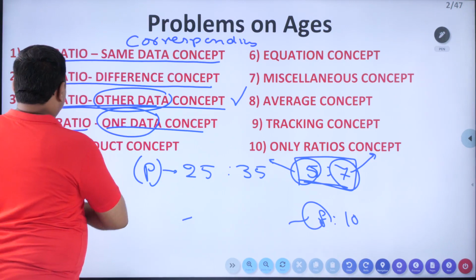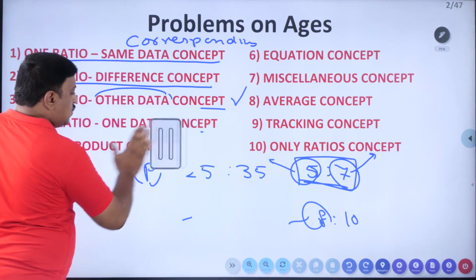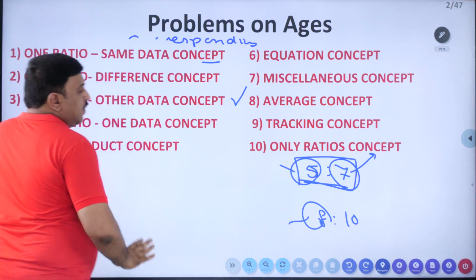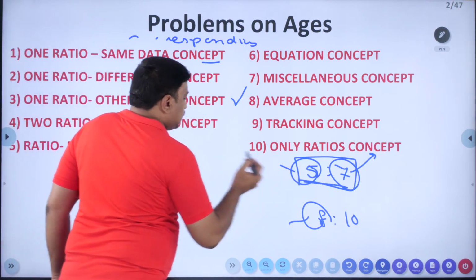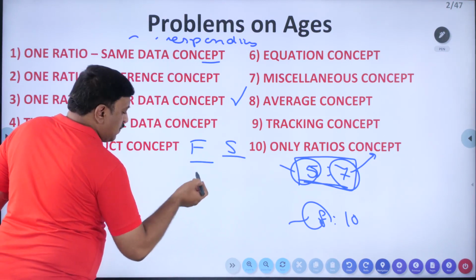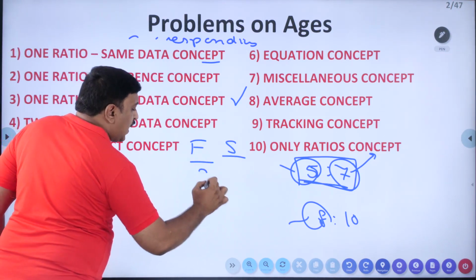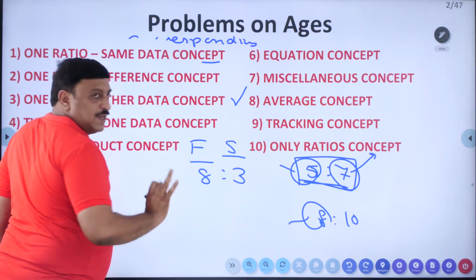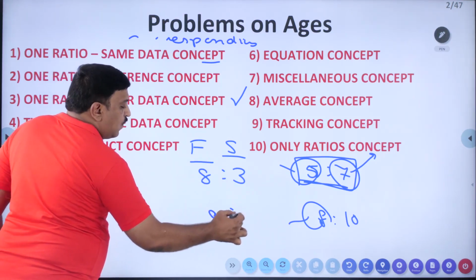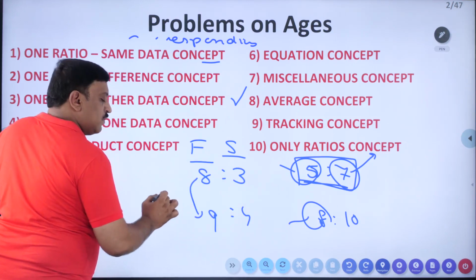Now see, this is a 2:1 data model. First of all, they'll give father and son. Father should be older, so it will be 8:3, let us say, and after 10 years, they may give 9:4.